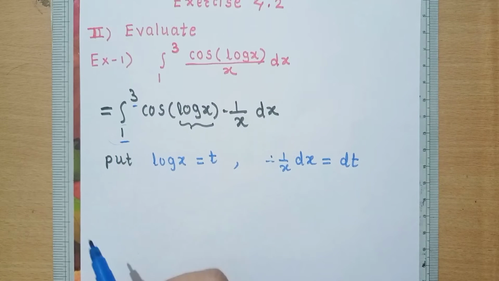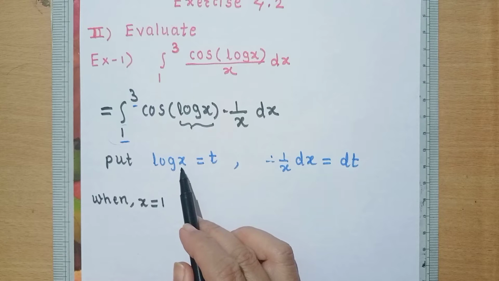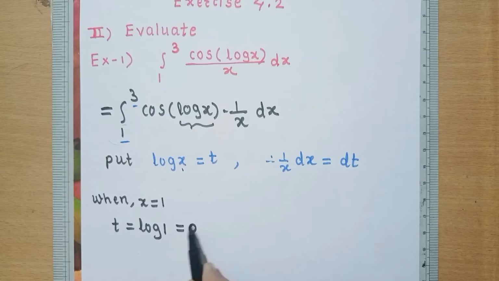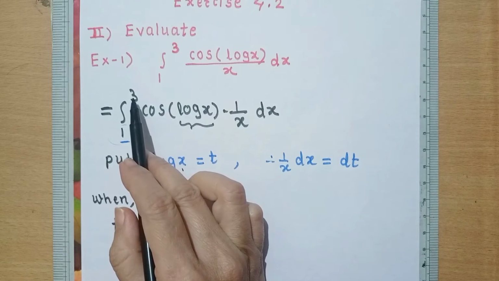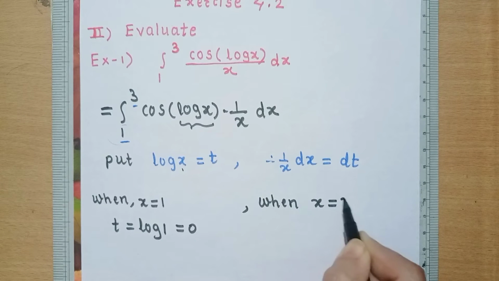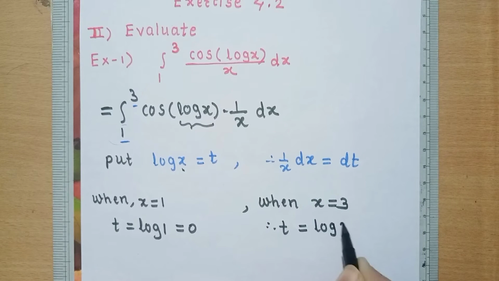So when x is equal to 1, we have to find t. So when x is 1, t is equal to log of 1, and log of 1 is 0. And now we will take this upper limit. When x is equal to 3, again we will substitute here, and therefore t is equal to log of 3.